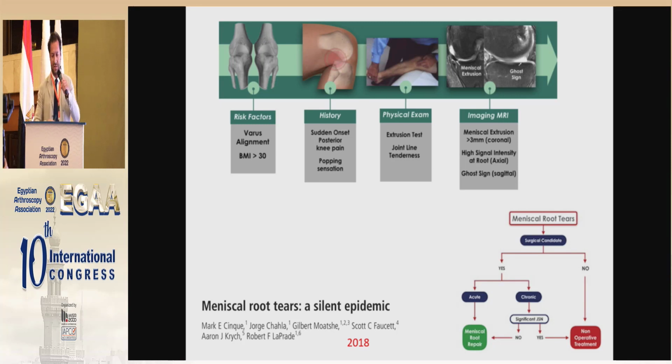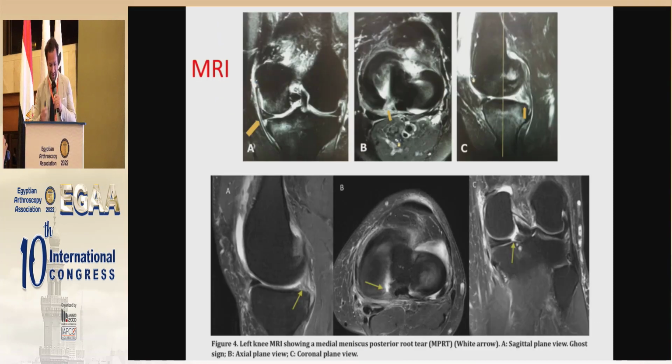The physical exam is extremely difficult because there is no typical sign, and in these tears, the MRI can help us. How? There are 3 different direct MRI signs for the diagnosis of meniscal root tears that have been described.